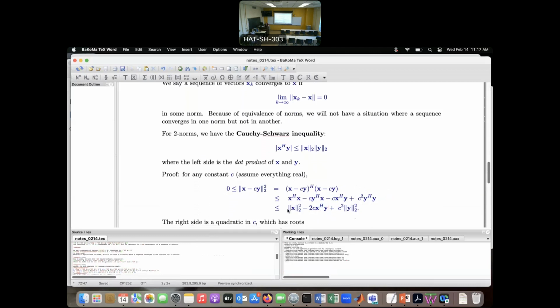Now, if we think of this expression as a function of c, the constant c, it's a quadratic function. So here we have ax squared plus bx plus c, where this right here is a. We have minus 2 x dot y as the b coefficient, and then this is the constant term.